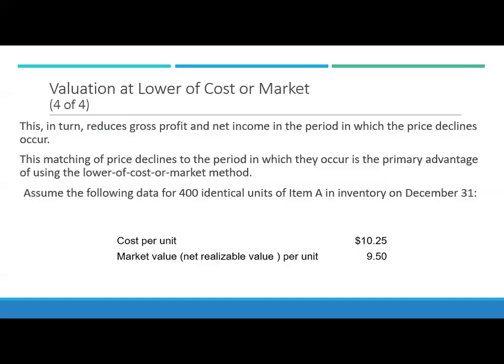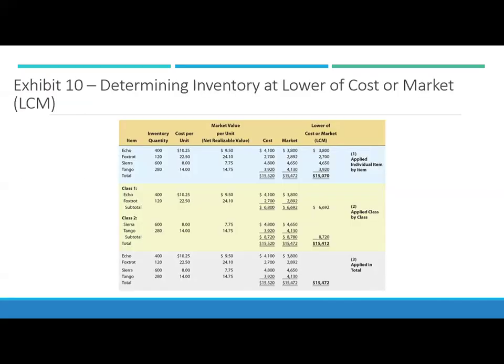And in this particular example here, we have $10.25 cost and a $9.50 net realizable value. That's 75 cents per unit that we need to write down. And so it's 400 units. That's going to be $300. That's this top example right here.